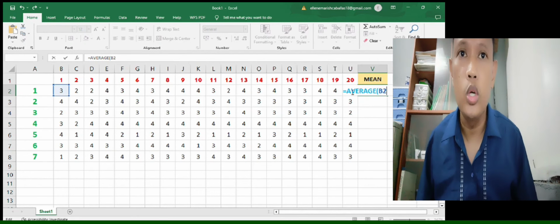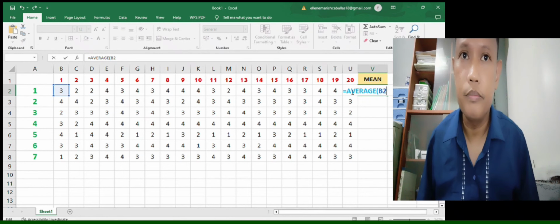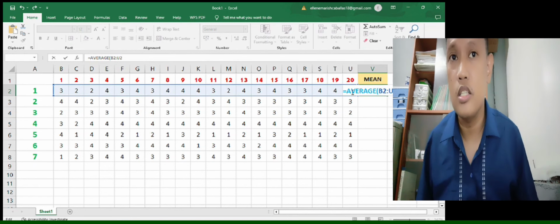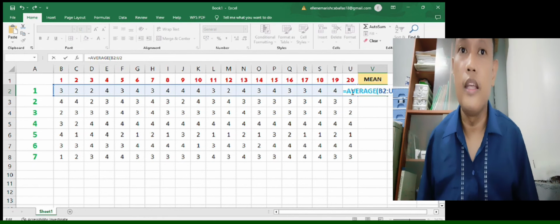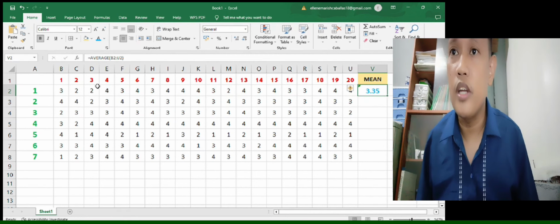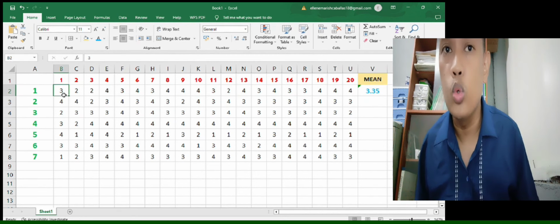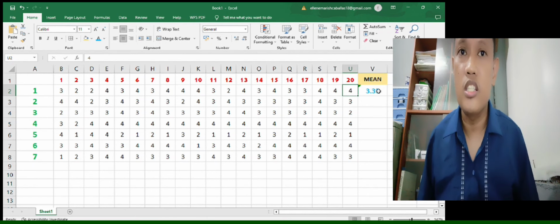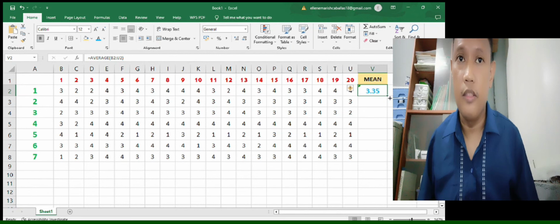All right, B2, and then colon, up to U2, and then close parenthesis, and then enter. Okay, so we got 3.35. So we started at B2 up to U2. That's what we're trying to find the mean of.